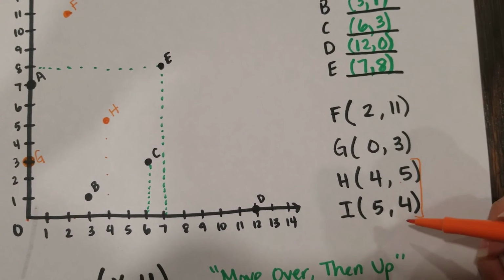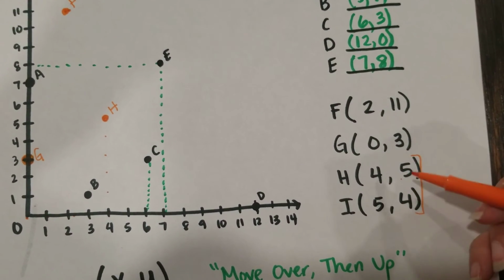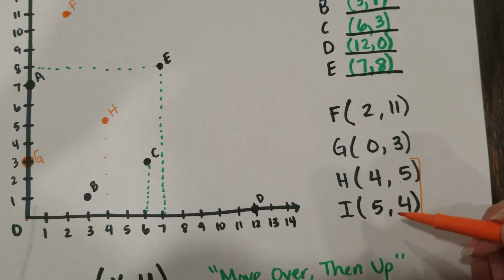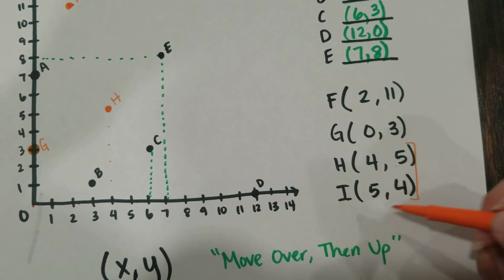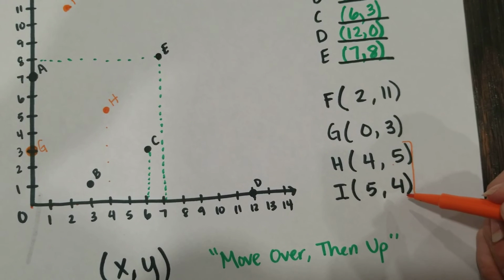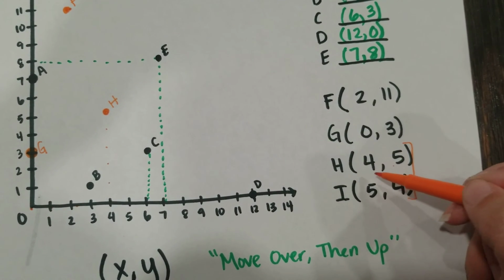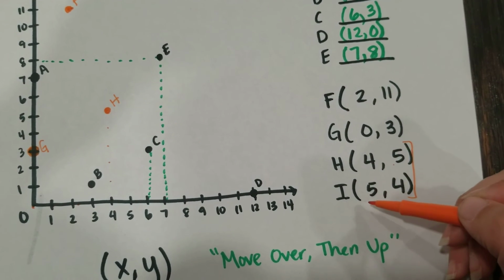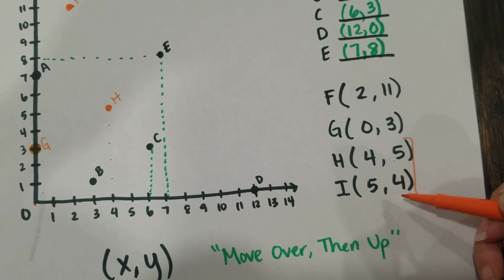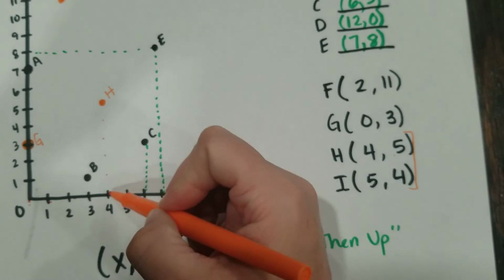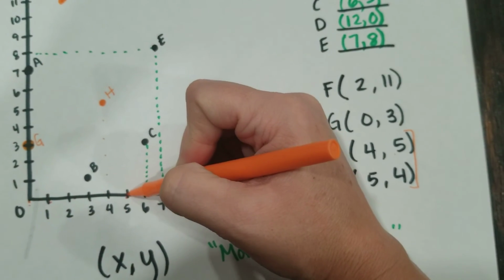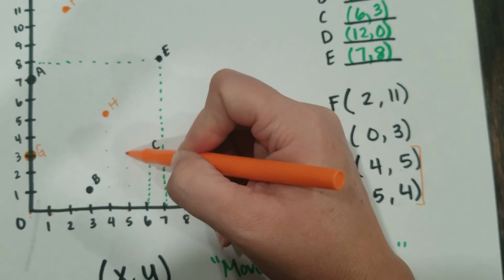And then let's look at I, because remember, we're trying to compare these two because they look similar, but they are different. For I, we're going to move over 5, up 4. So it is different. This one was over 4, up 5. We're going to do over 5, up 4. So starting at 0, over 5, 1, 2, 3, 4, 5, and then up 4, 1, 2, 3, 4.